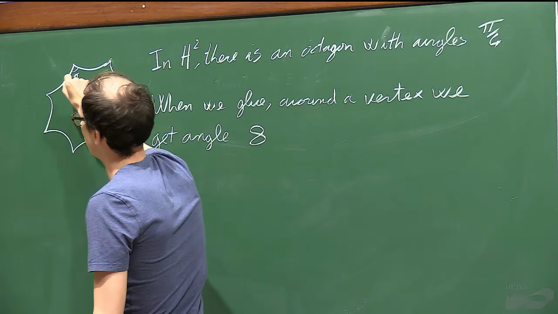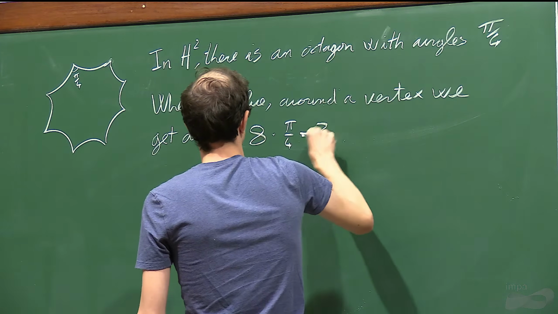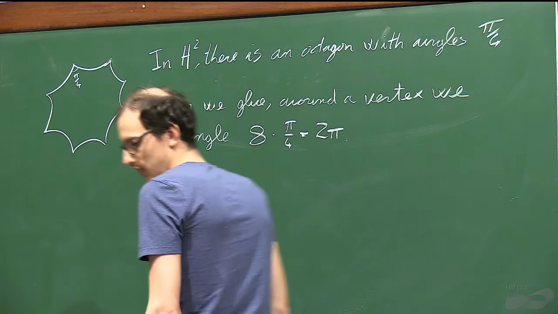We see the octagon 8 times pi over 4, which is exactly 2 pi, which is the right amount.